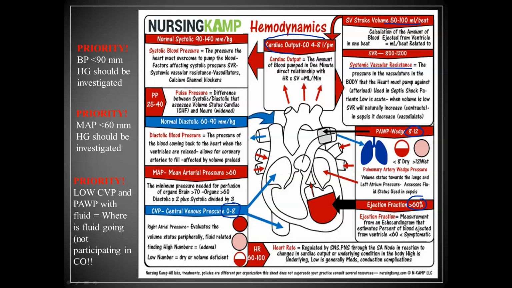It talks about cardiac output here. They're still using 4 to 8. Systolic, our normal is 90 to 120-ish. Pulse pressure, you still got a good number there. And you got your normal diastolics and your normal MAPs. But it just helps me break down all of that material into quick little tidbits that I can process.